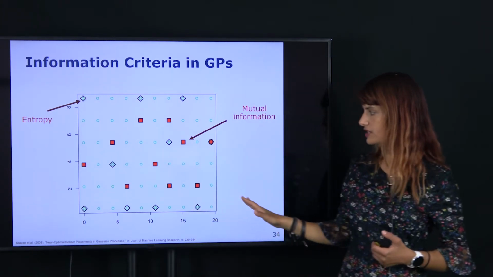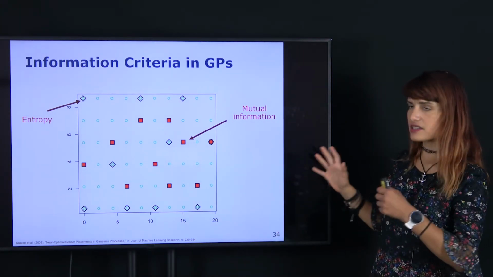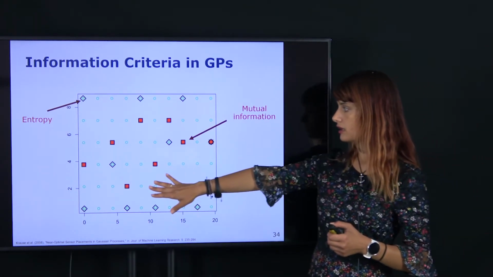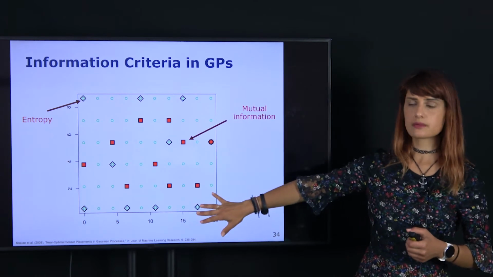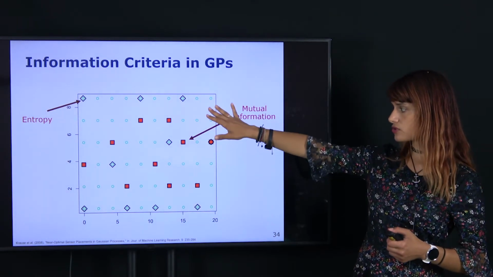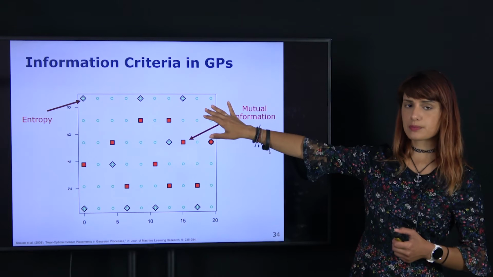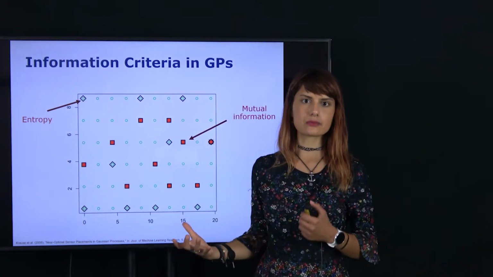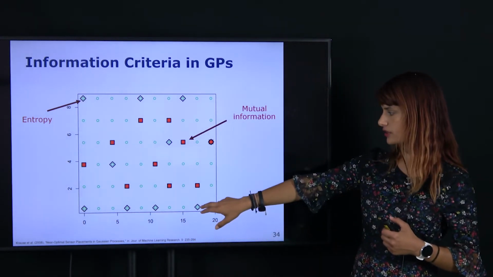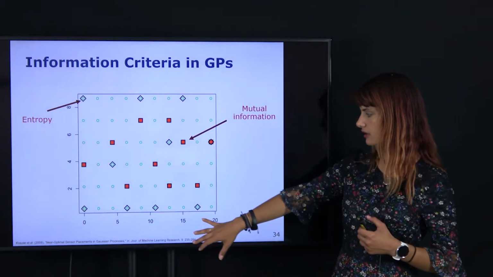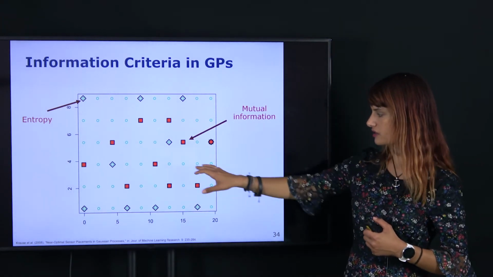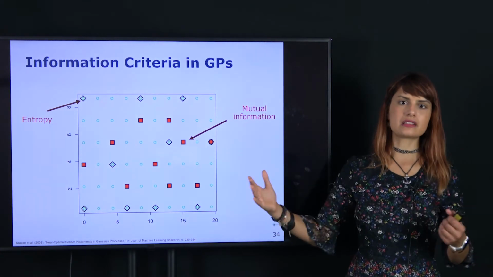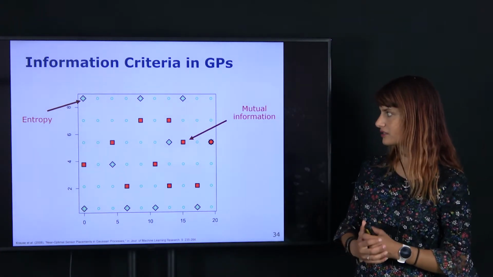Now one observation that we can draw looking at this picture on a very high level is that in mutual information, our sensors are much better spaced. Using the entropy criterion, what we end up doing is placing a lot of these sensors on the edges of the field and so-called wasting information, because a sensor over here does not only register things in the corner, assuming that our problem space is limited in extent.